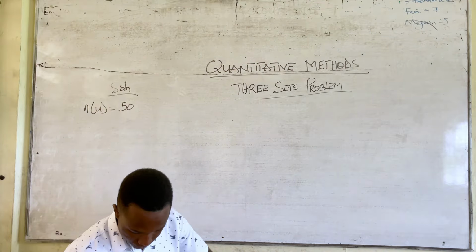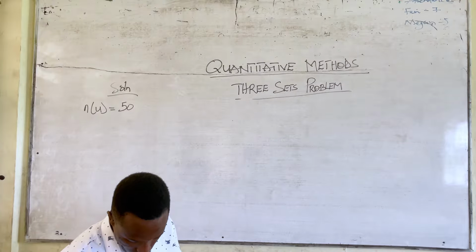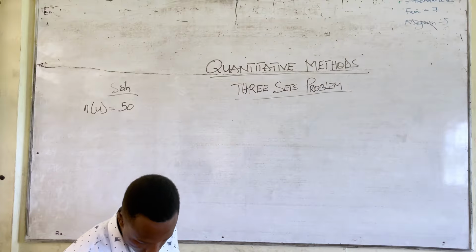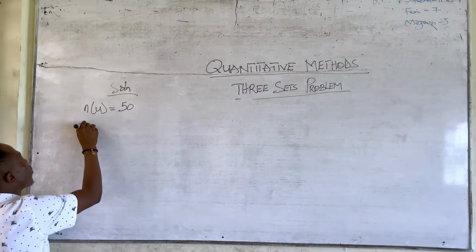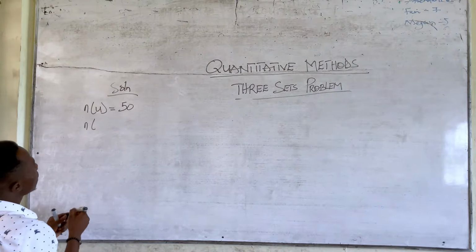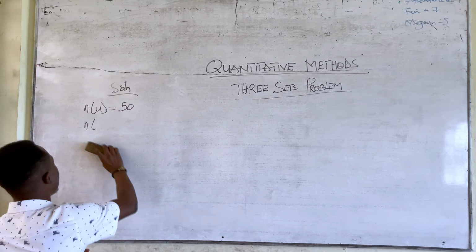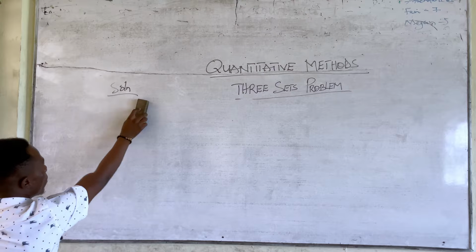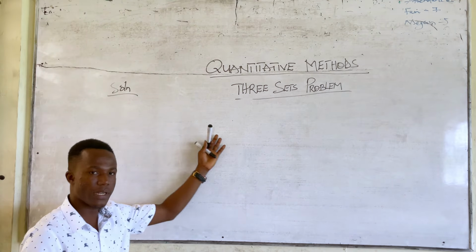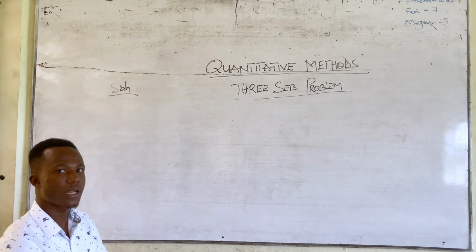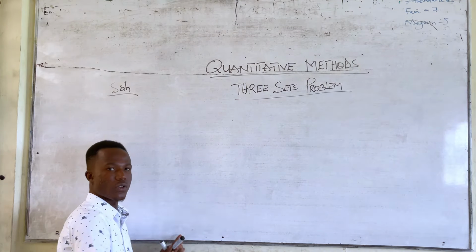The second one says out of these officers, 21 chose beans and 24 plantains. Let me arrange it properly for examination sake, because you have to let the examiner know that this letter represents this particular item.